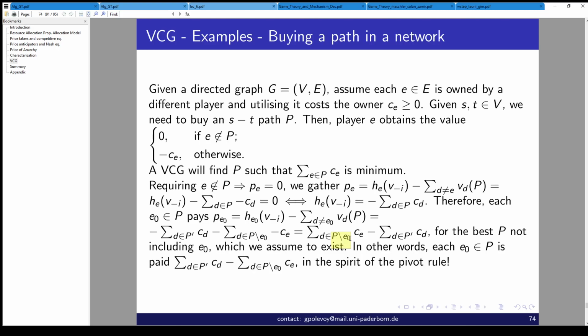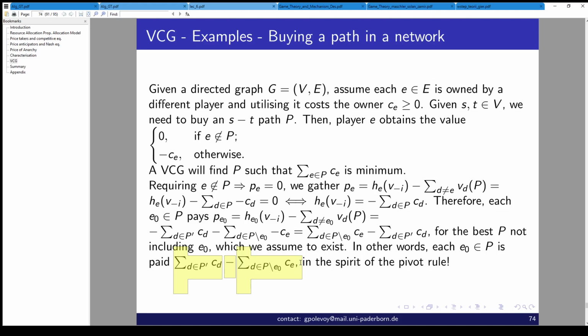In the other case, we just look among some subset of the paths of the cheapest path. We don't delete anything. So this is a negative thing. So we basically charge that negative thing, or in other words, we just say that we pay minus that. That's what we pay basically to everyone who is on the path.